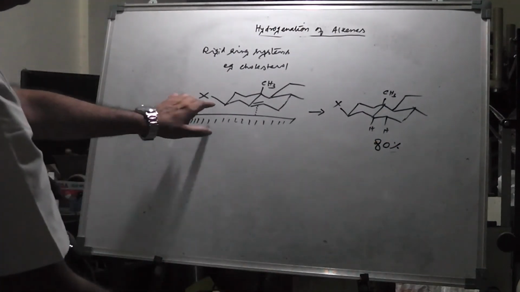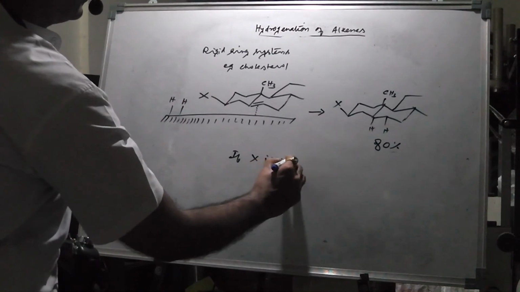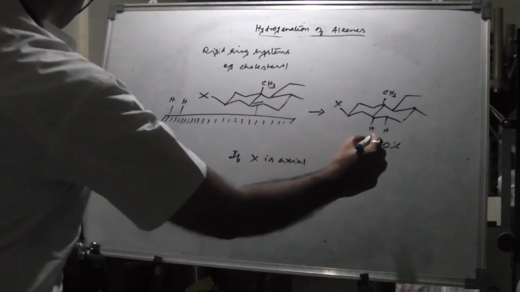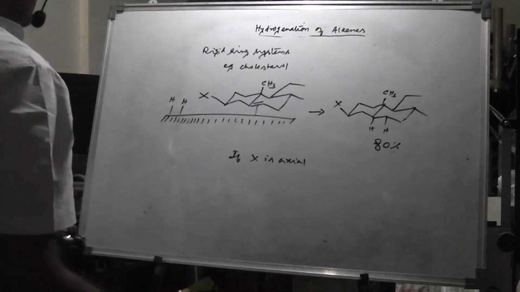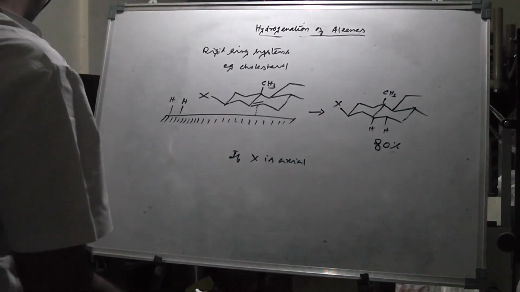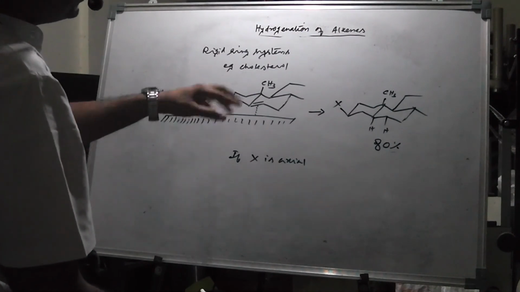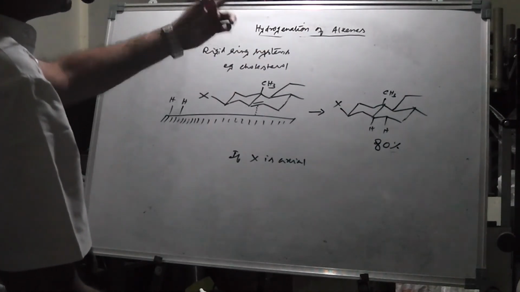Suppose X is axial, then it's very difficult for the molecule to fit to the catalyst surface because it is hindered from both sides, because of X on this side and because of the anchoring methyl group on that side.